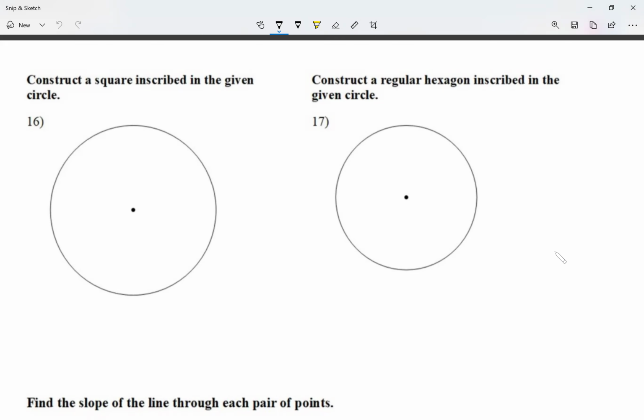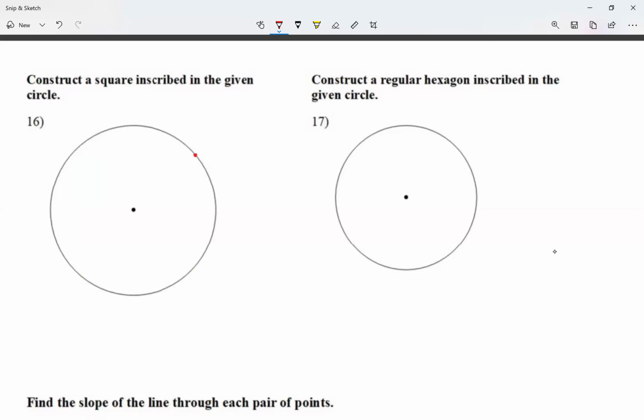Inscribed, what inscribed means is that the corners are on the circle. So I expect four corners on the circle and then I can connect them. That's really what I'm expecting, but I'm not going to freestyle them. So but just giving us an idea of what we expect.